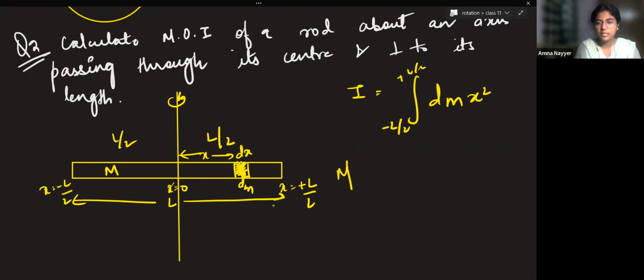See, the mass of length L is what? M. Agreed, all of you?